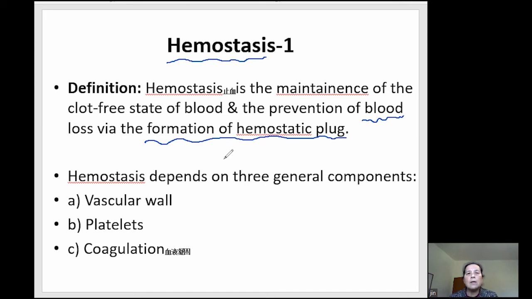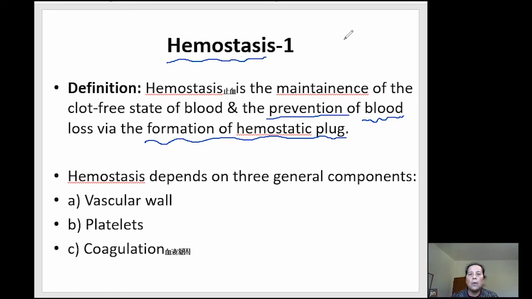That's the normal process of our body's normal functions, preventing big bleeding. Like sometimes by accident, we cut our fingers and some blood comes out. But after a couple of minutes, the blood automatically stops bleeding. So that's our body's normal function.